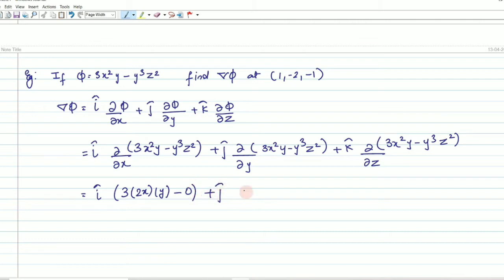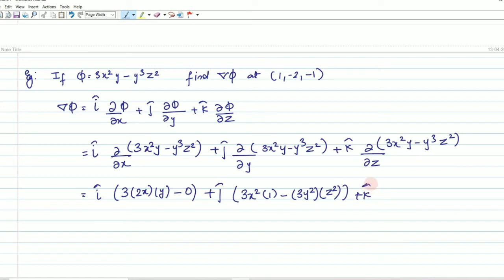Plus j cap, differentiation with respect to y, and remaining x and z are constant, so it will be 3x square. Differentiation of y will be 1, minus differentiation of y cube will be 3y square, and z square will be constant.